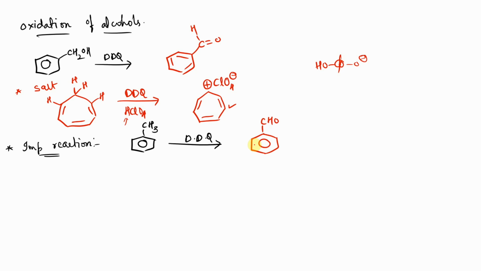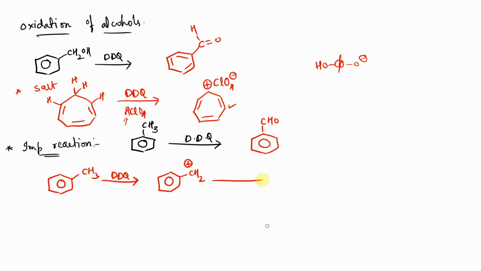So how do we obtain this compound? Let us start with the mechanism of this reaction. First we have to remove the hydride ion of the carbon. So let us say we have CH3 and we are treating it with DDQ. It gives us CH2 carbocation.